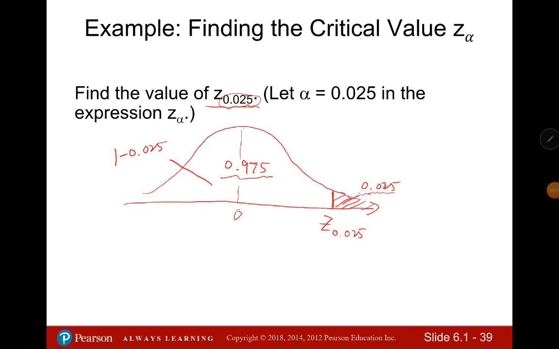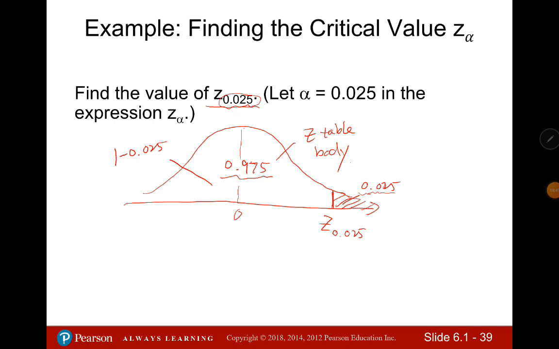Then we check the left column. We find it's 1.9, and we check the top row. We find it's 0.06, which means put them together, we get 1.96. Check the Z table body to find the closest value.